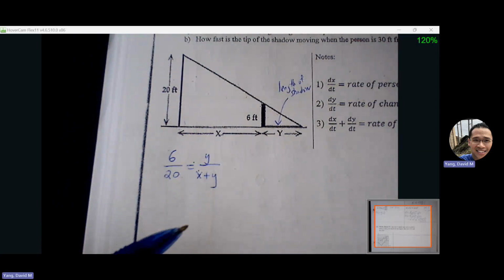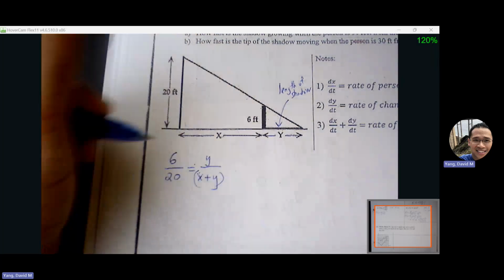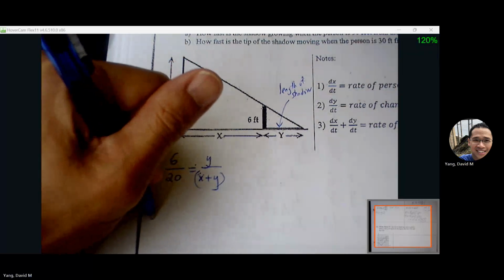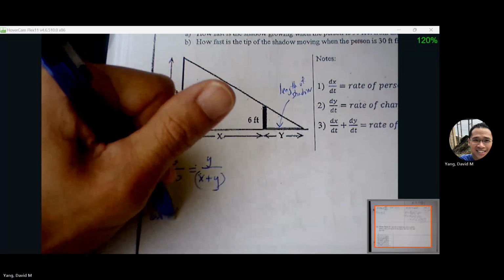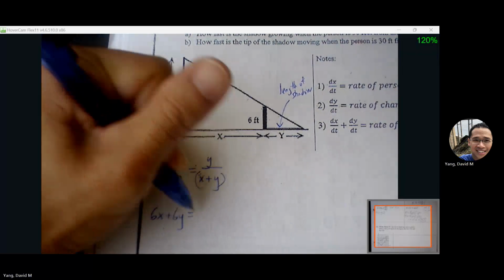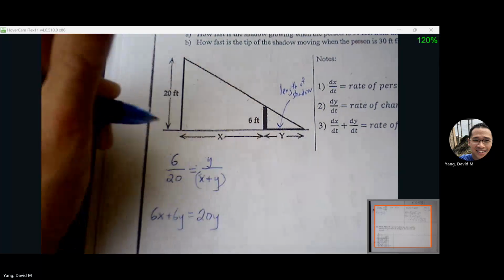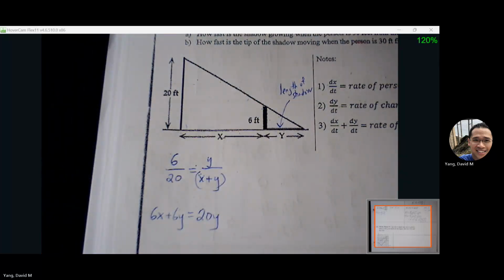Okay, I'm going to cross multiply so I can get this equation down to something easier to work with. So I'm going to distribute that 6 through. Combine like terms.